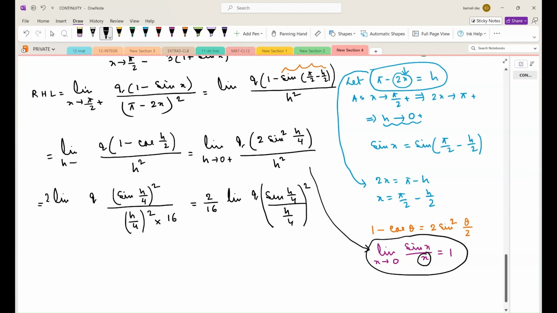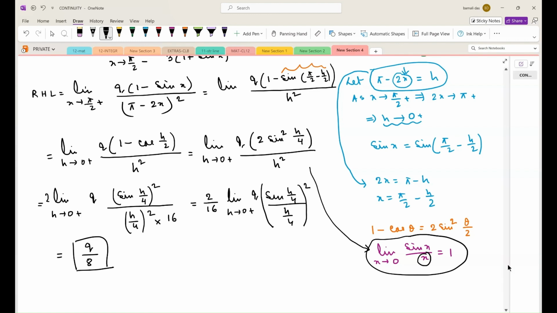So ultimately, this limit value is 1. So you have q by 8. So that is my right hand limit.